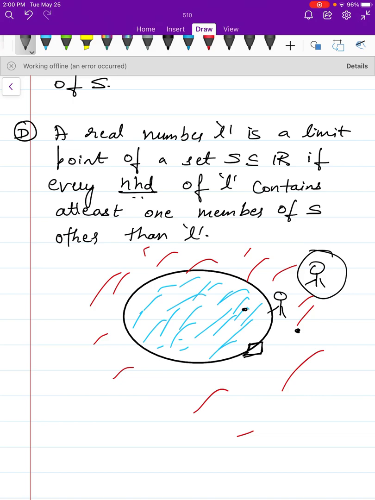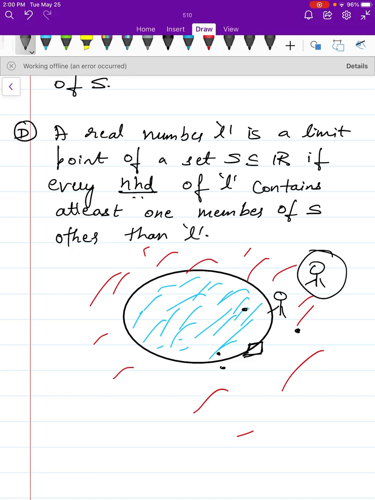Why? Because whichever small part of your foot you try to place on the line, you are sure that some part of the foot will touch the lake or the land.